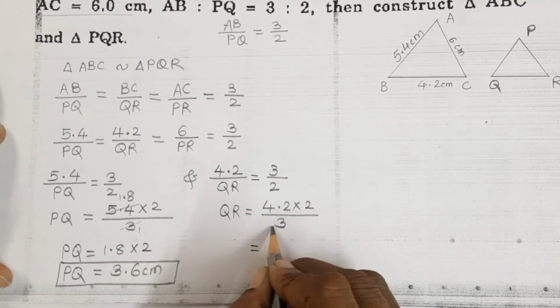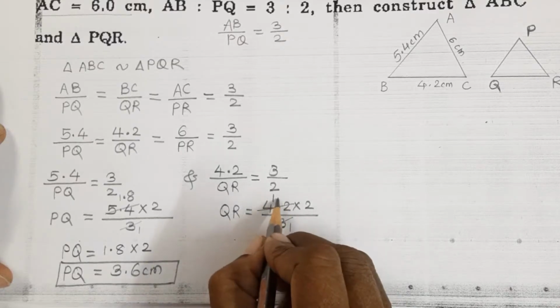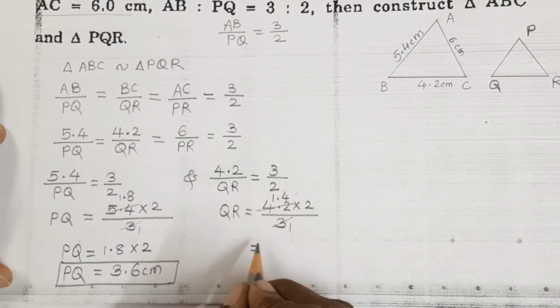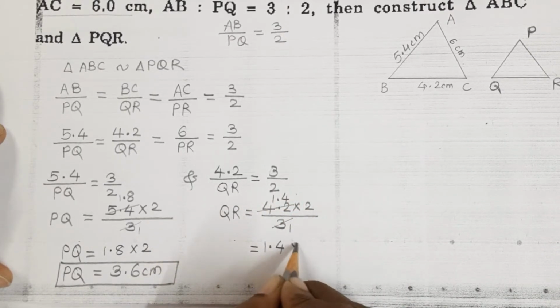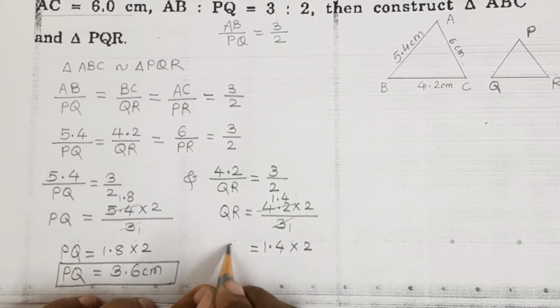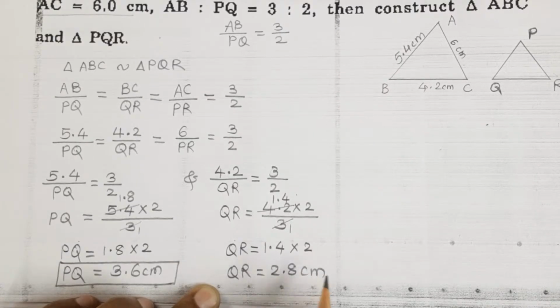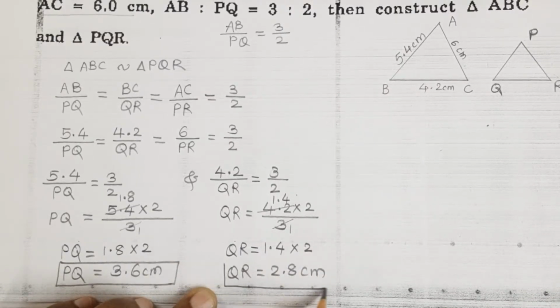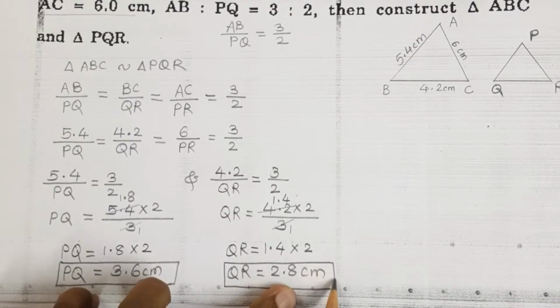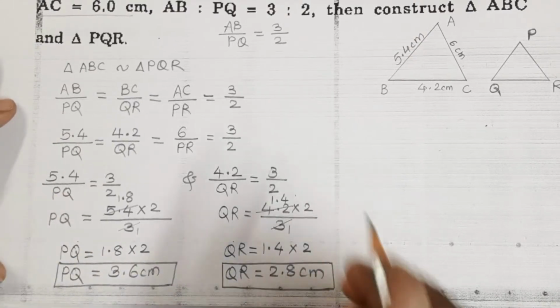So here 3 ones are 3, 3 fours are 12. So 1.4 multiply 2, which is equal to that QR is equal to 2.8 centimeter.